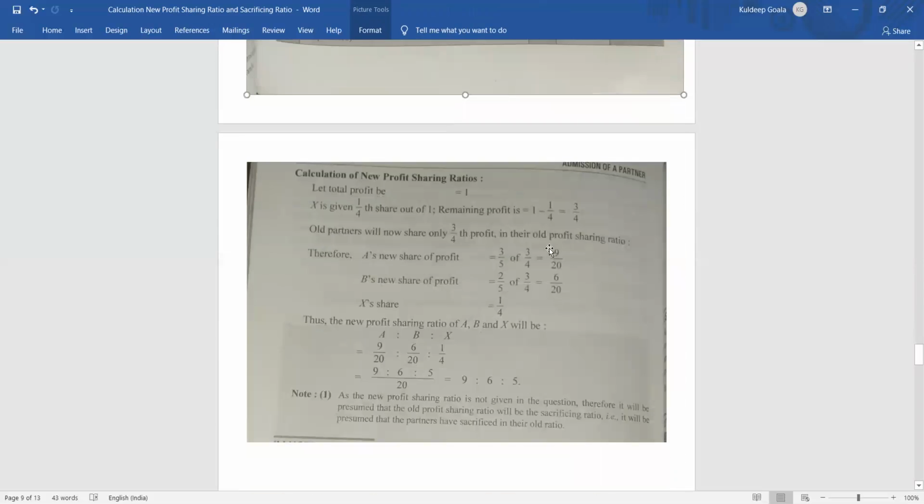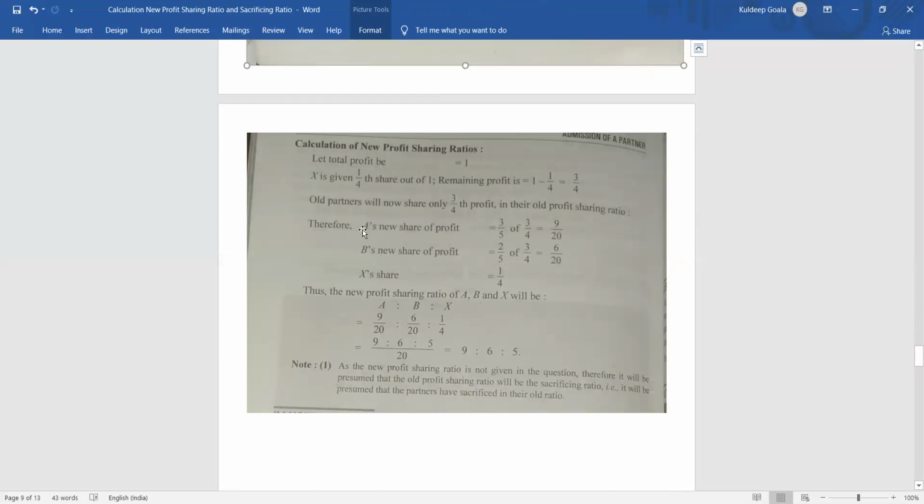So ultimately, what we can see here, in case of A, 3/5 of 3/4, he is going to get the new share as 9/20. And in case of B, it is 2/5 of 3/4, it is coming 6/20, right? And X was 1/4, you can convert it and make it 5/20 because 4 into 5 is 20.